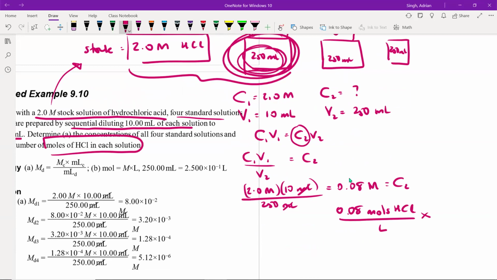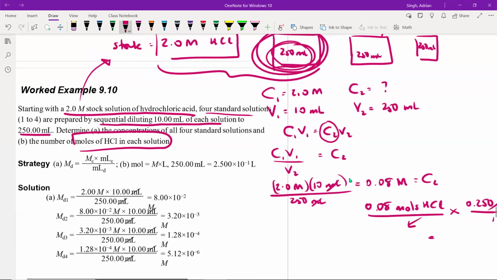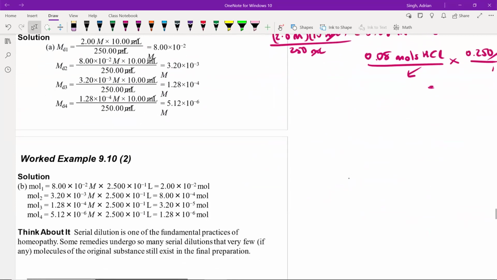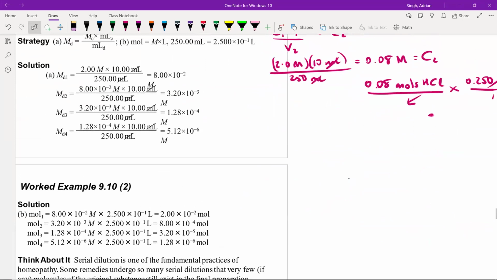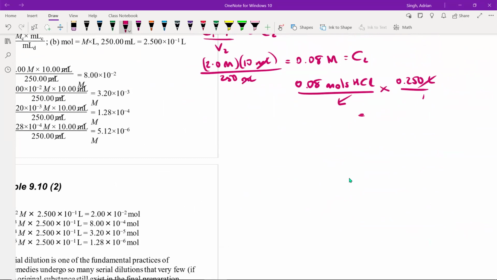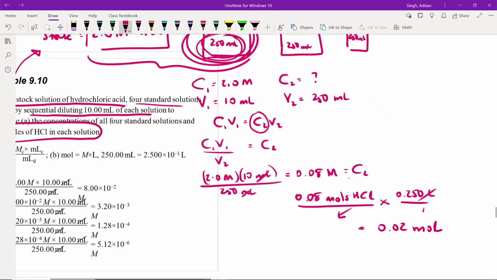So if I take that concentration and multiply it by the volume, which has to be in liters so that liters cancel out, that will give me my number of moles in that solution, which would be, let's see, 0.08 times 0.25, that'll give me 0.02 moles. Okay, so that's going to be for the first step.